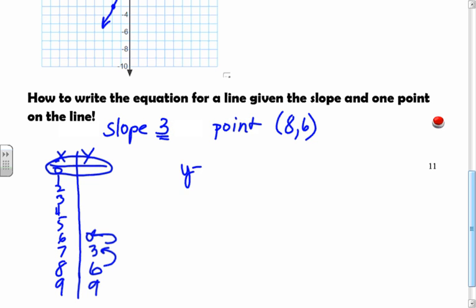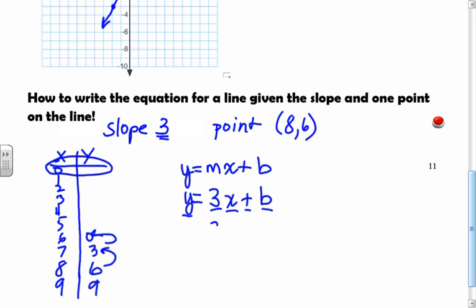Since we know we're going to write our equation this way, and we know that m is 3 because 3 is the slope. And we know that this equation represents all of these points with this relationship. So in other words, if I take 3 times x plus the y-intercept, it'll equal y.